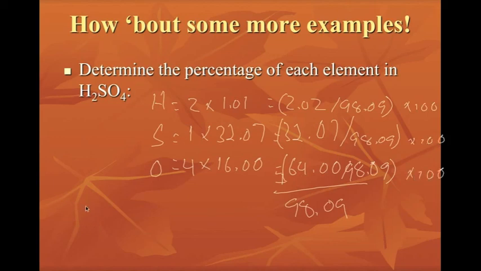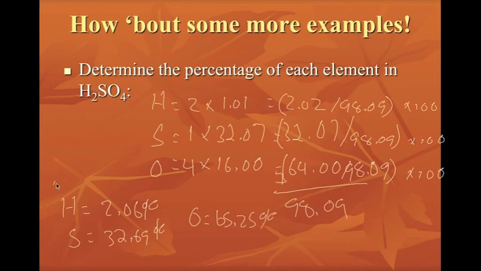And we should get the percentages of hydrogen should be 2.06%. Sulfur should be 32.69%. And oxygen should be 65.25%. And guys, a good way to check yourself, add those 3 numbers up. If it equals 100%, then you did it right.